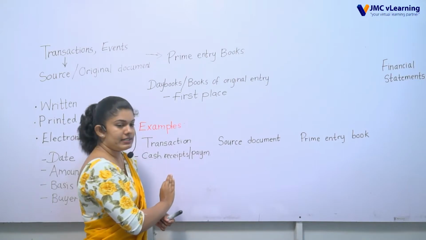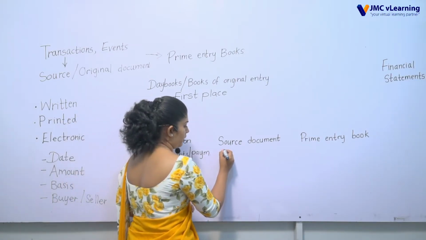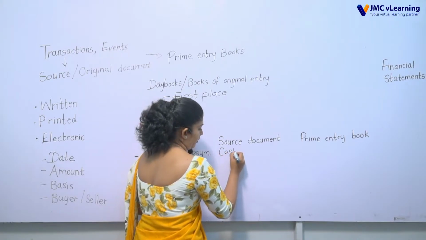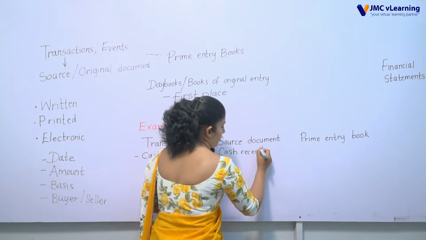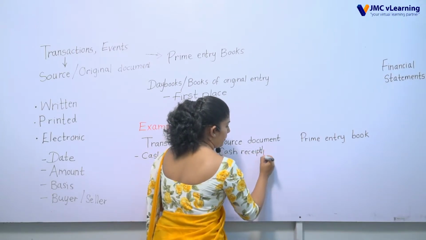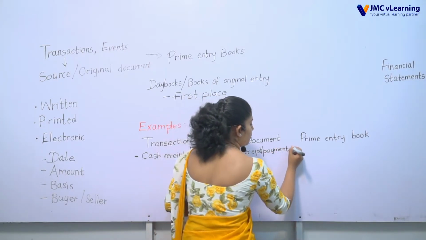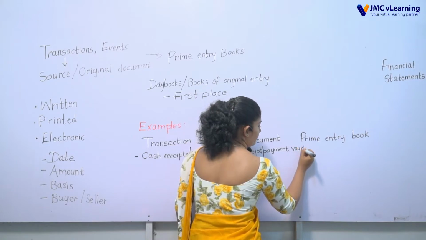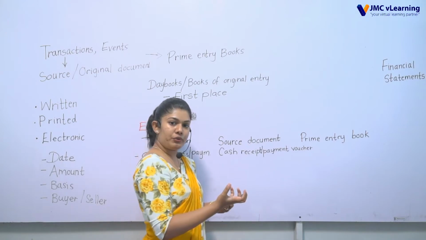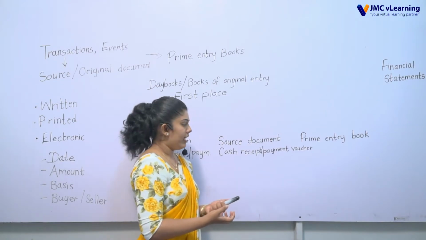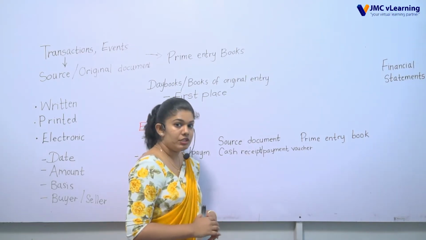For cash receipts and payments, there are two types of source documents: cash receipt and payment voucher. When you receive cash, you record it in a cash receipt, and when you pay cash, you record it in a cash payment voucher.